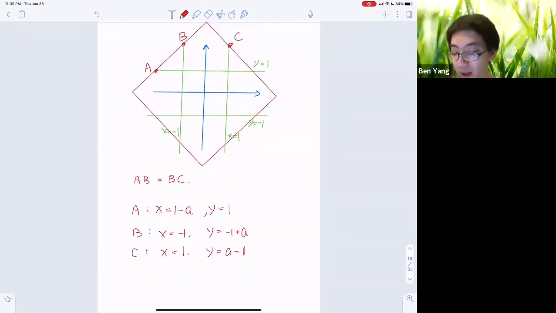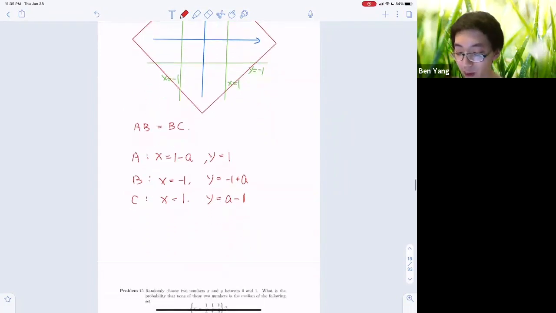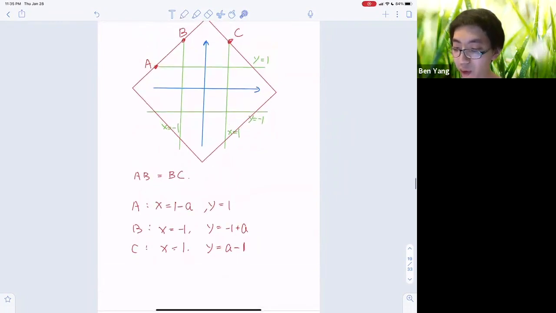Okay, so again, we can have an equation for a from AB is equal to BC. So BC is equal to 2, right? The x coordinate of C is 1, the x coordinate of B is -1, so BC is equal to 2.